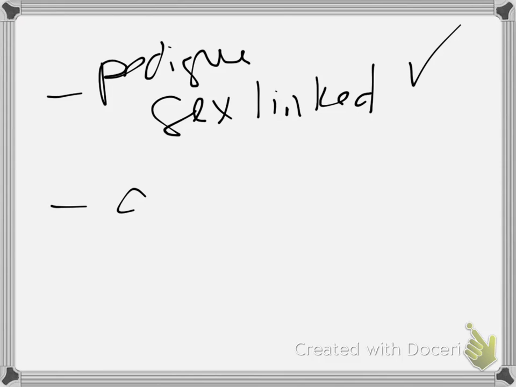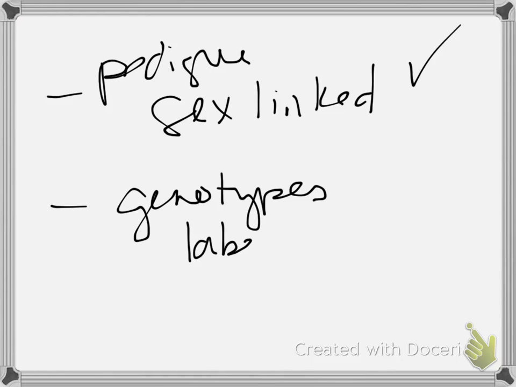Then I want you to have genotypes. We're going to be working together. So really, I would like it if you could get those pedigrees done as homework so that when you walk in tomorrow, we can do genotype labeling together and that will get done by the end of 5A. But in order for that to happen, I want you to try to build the pedigrees on your own. So try to build those tonight. When you walk in tomorrow, I'll help you check them and make sure you're on track with them.